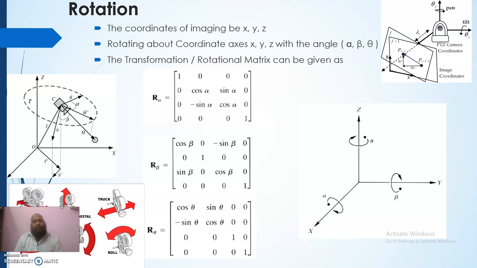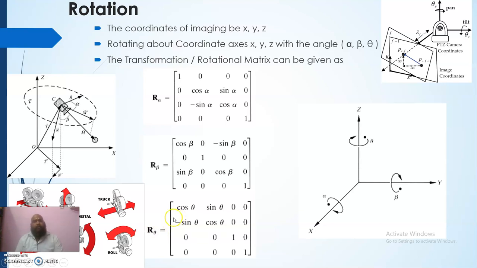We rotate about x, y, and z with angular displacements of alpha, beta, and theta, corresponding to the x, y, and z axes. If you want to express the rotational movement in mathematical form, it can be given as matrices R alpha, R beta, and R theta.